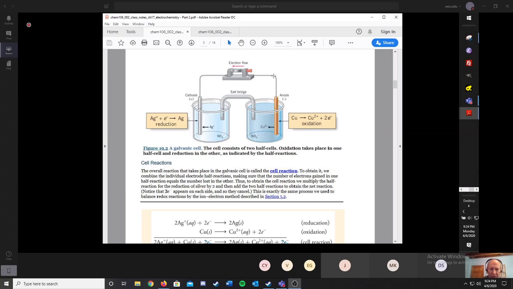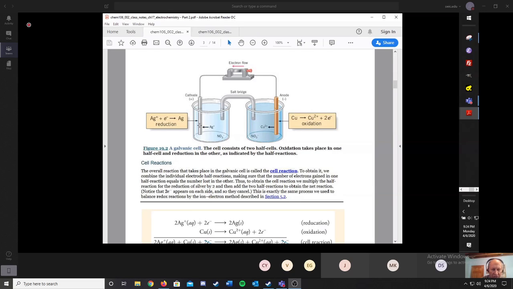They can travel through the wire because it's usually a metal. Electrons can easily travel through metals, and then it travels down over here on the cathode side, and it becomes available for the silver. So silver sees these electrons accumulating and goes over and grabs one.